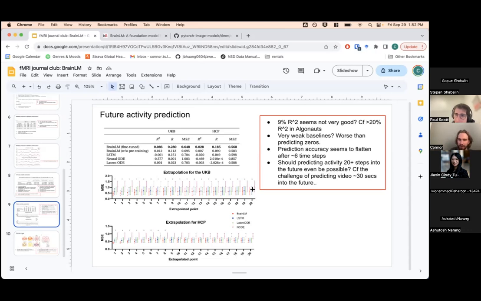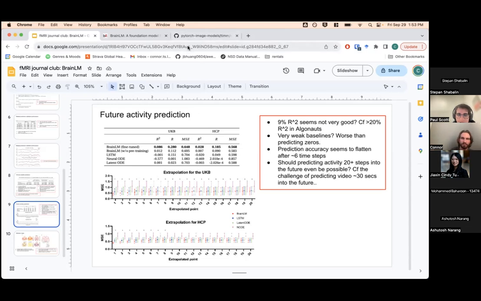Intuitively, I might be tempted to say you're predicting something up to 6 steps, and past that you're just predicting some kind of average pattern. And whatever variance explained you get is just from that stable average pattern.